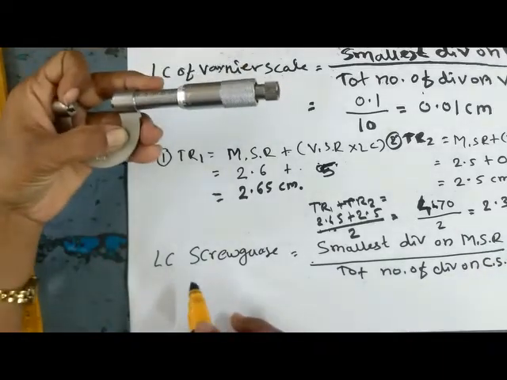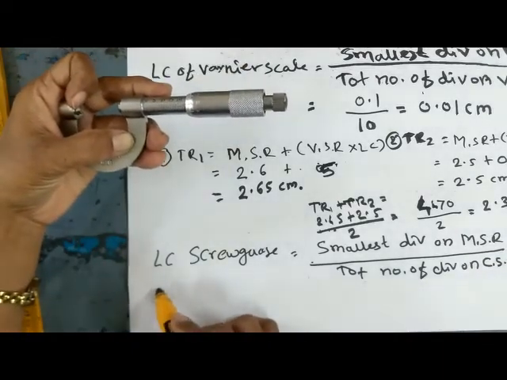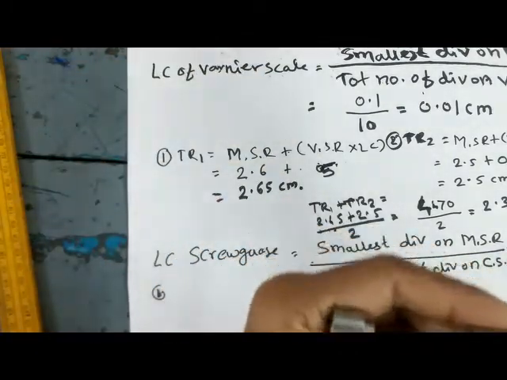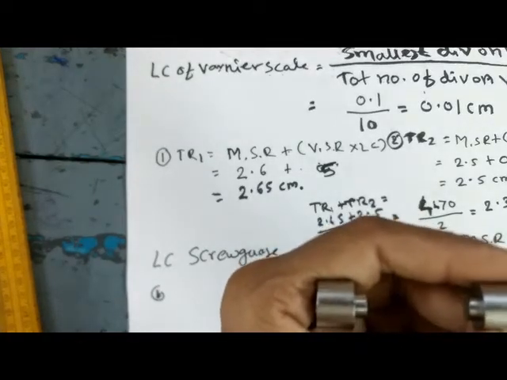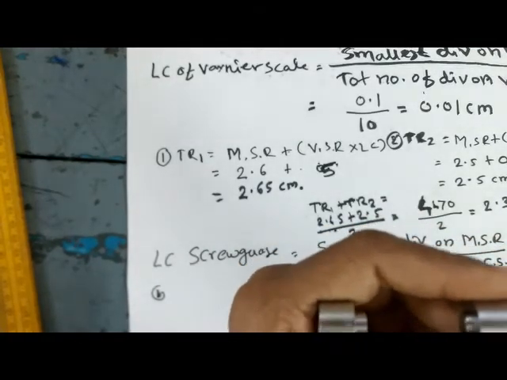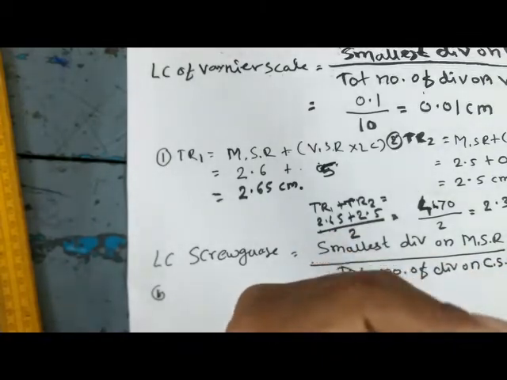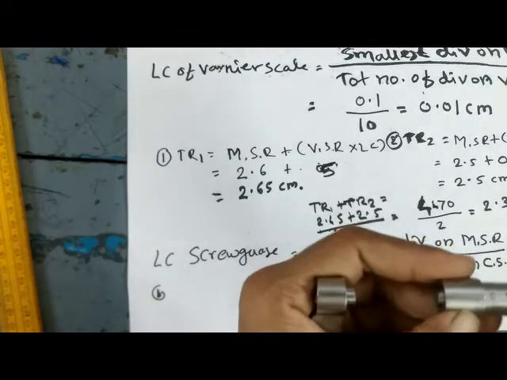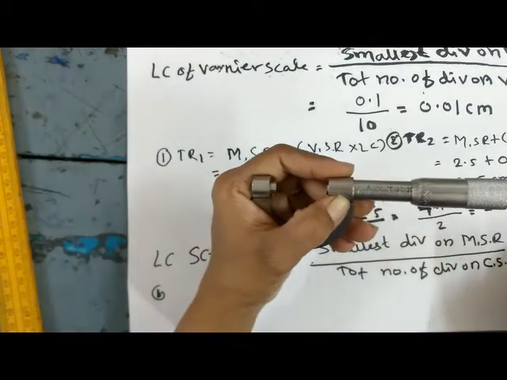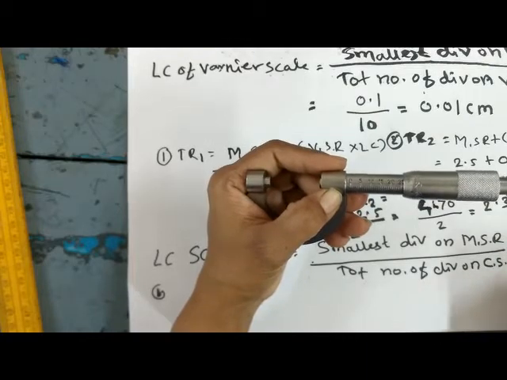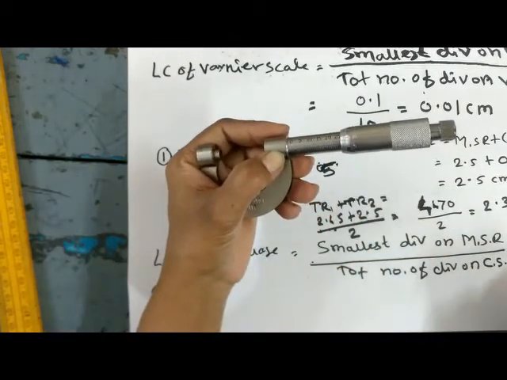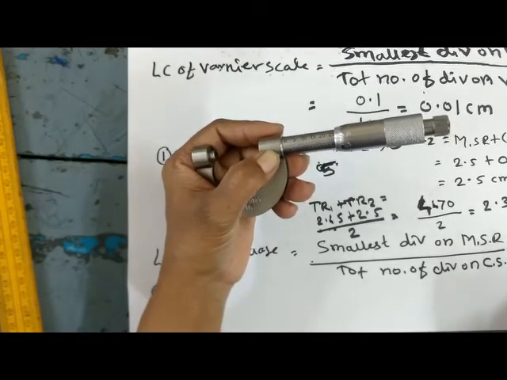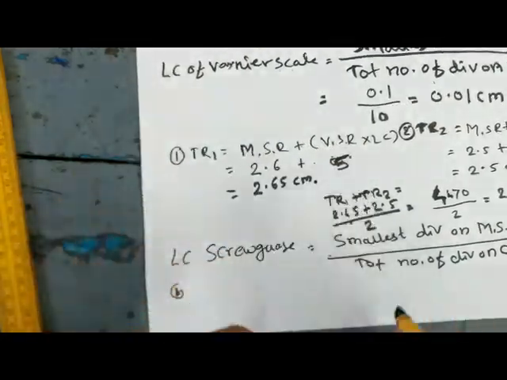In this reading we see the smallest division on the main scale is 0.5, we get 10 lines. So in this case one line's value will be 0.05, upon the total number of divisions, which is 50. So we get 0.001 centimeter.